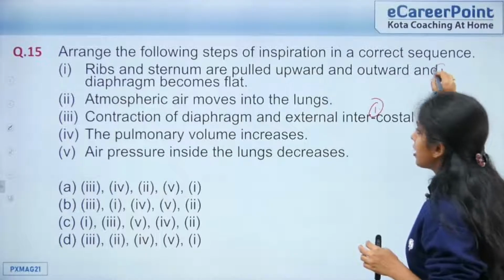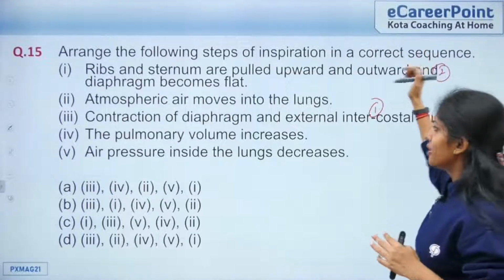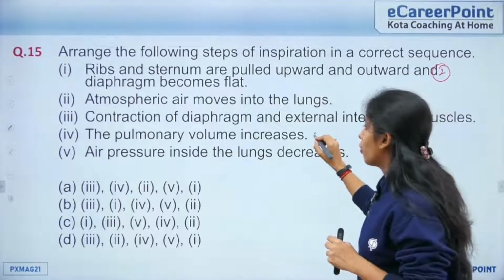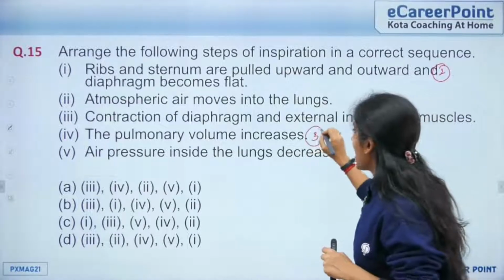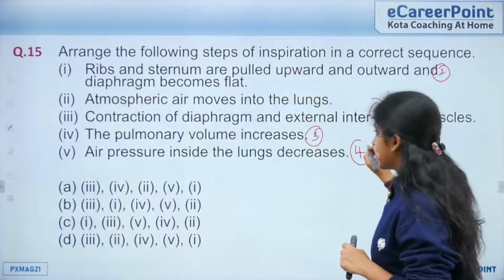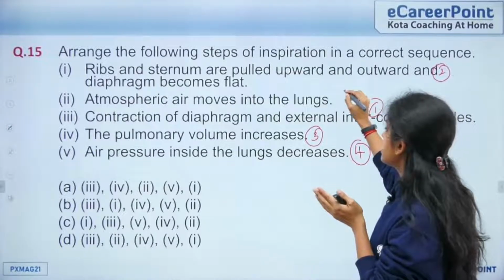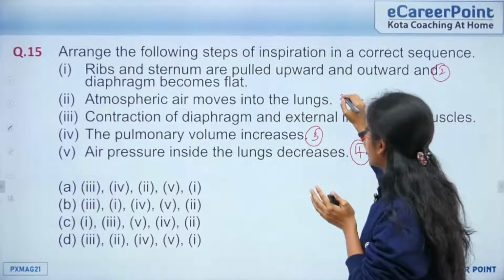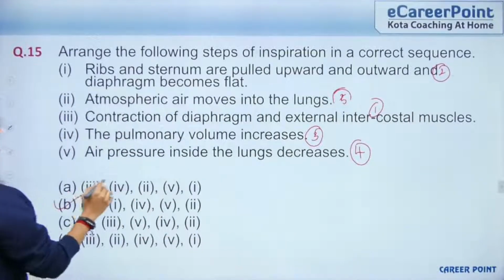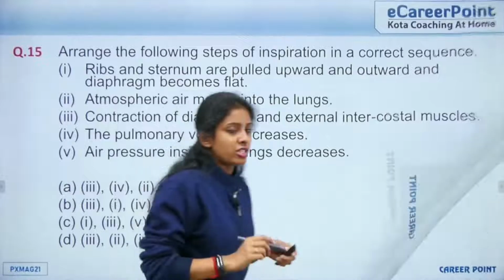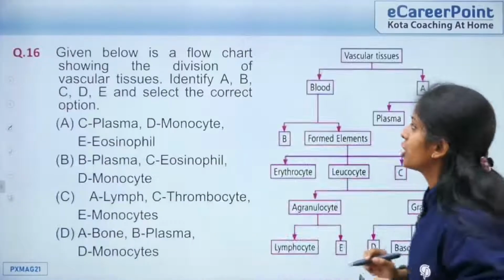This is number 2. When they pull upward, the pulmonary volume increases. When the volume increases, the pressure decreases. When the pressure decreases, the air moves inside, right? So the right arrangement will be B. That is what happens. This is from the chapter Breathing and Exchange of Gases.